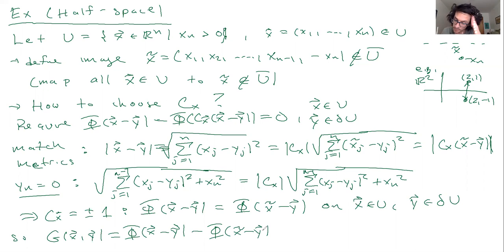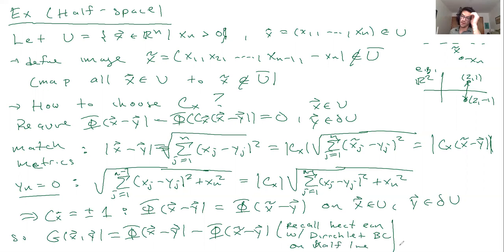And this should look familiar. If you recall our heat equation with Dirichlet boundary conditions on the half line, this is very similar to what we do in that case. We just subtract off the reflection of the solution across our boundary point.